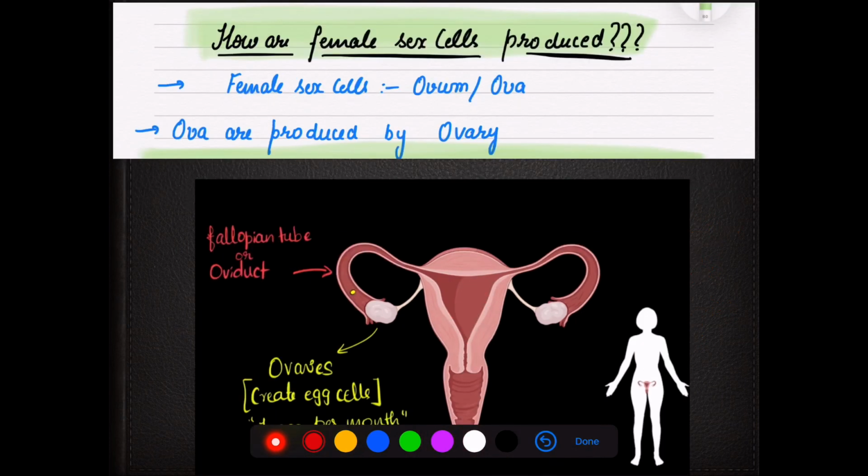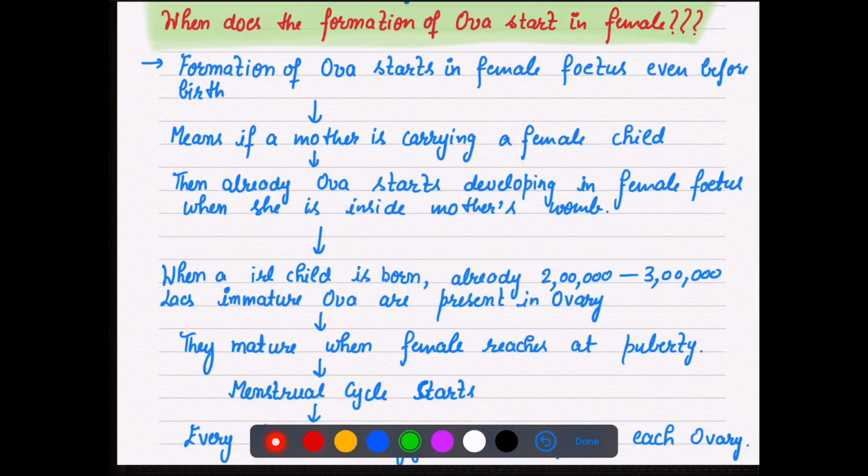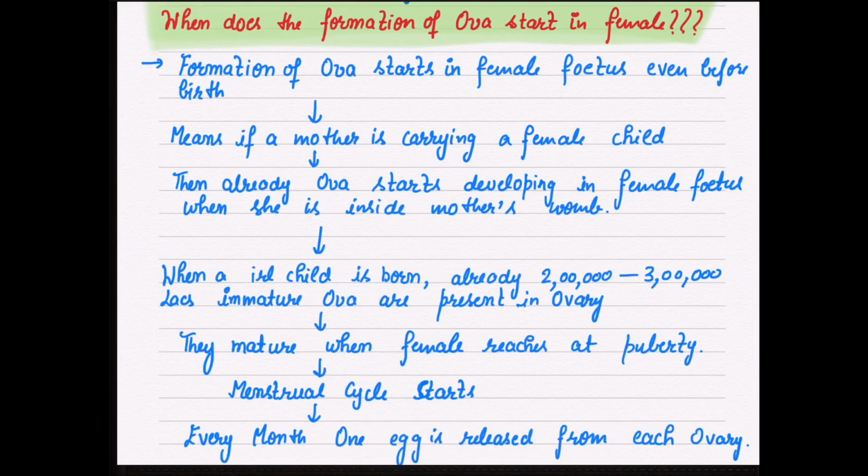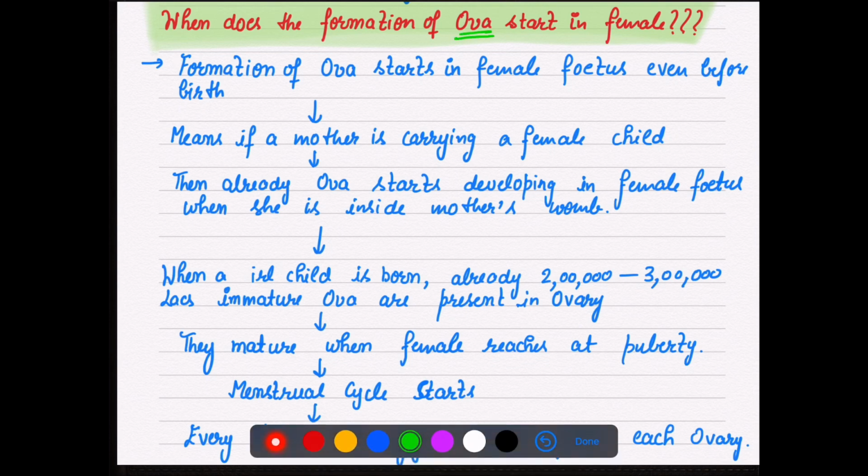Now, how is this female gamete formed? These female sex cells, which we call egg cells, how are they produced? They are produced by the ovary. But when? Now when does the formation of ova start in a female? Unlike males, the ova formation starts much earlier.